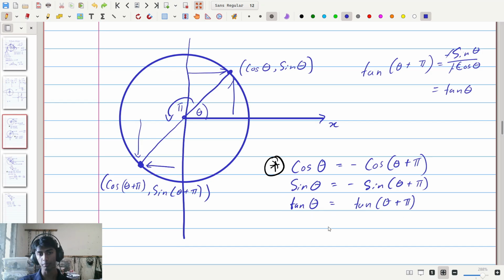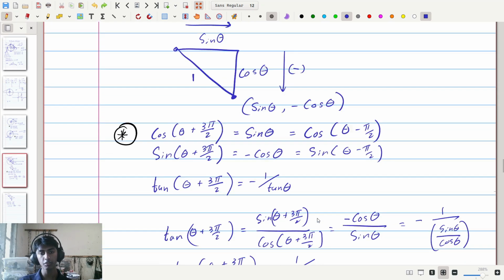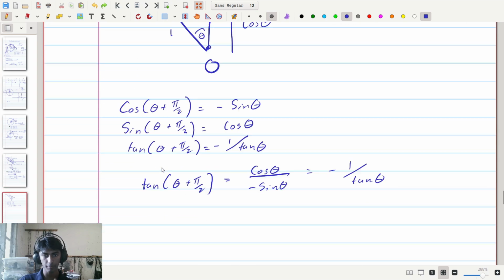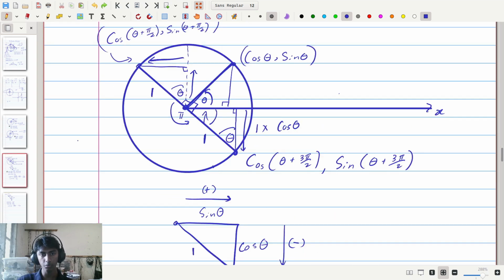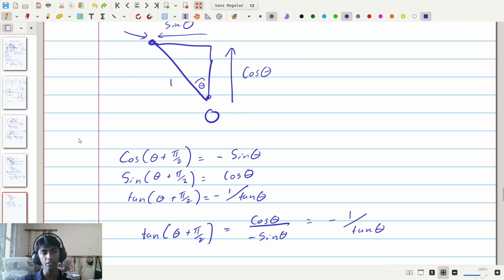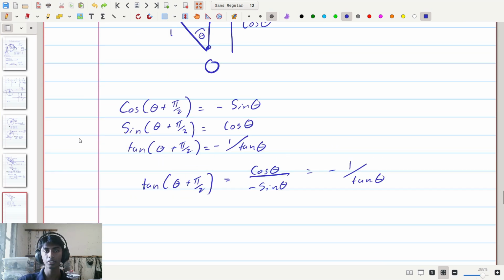So it shouldn't be surprising that for the first point tan theta plus 3 pi by 2 was equal to negative 1 over tan theta, and for the second point it was also the same value, because those 2 points were 180 degrees apart. So that is our fourth conclusion, that if we add 90 we get this.